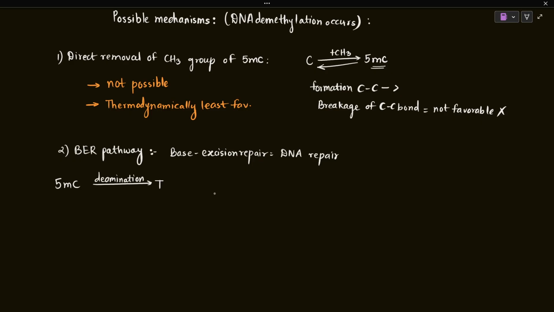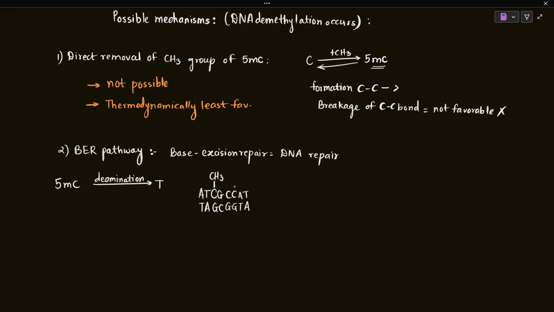Let's say this was the initial sequence, a double-stranded DNA, and only on this cytosine will CH3 be added.